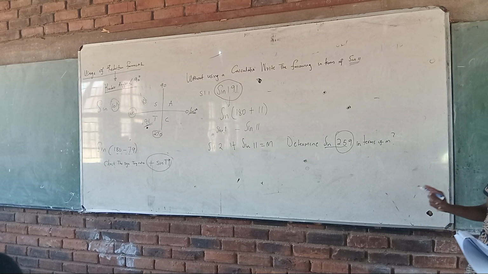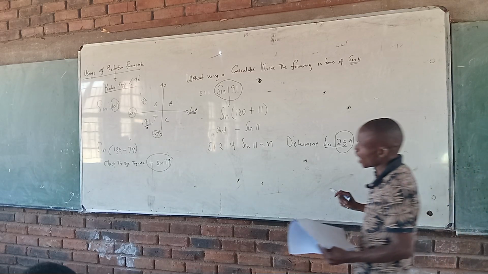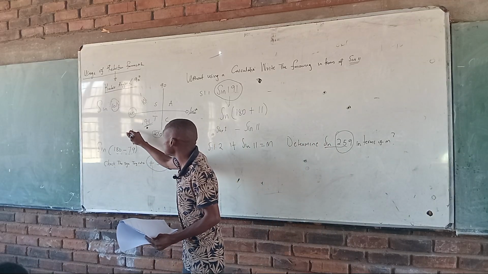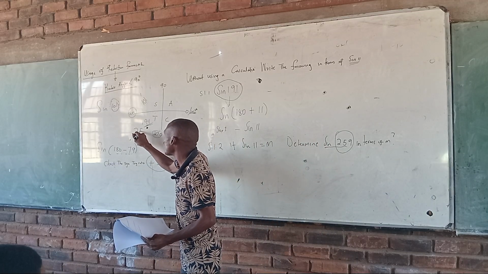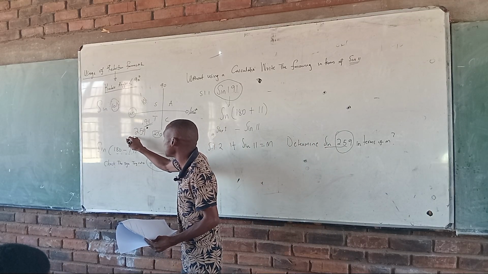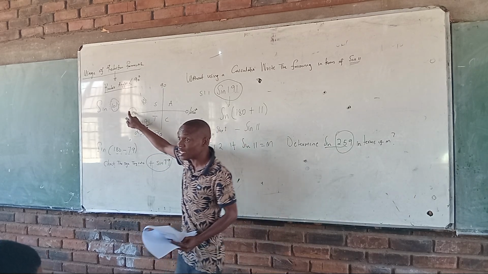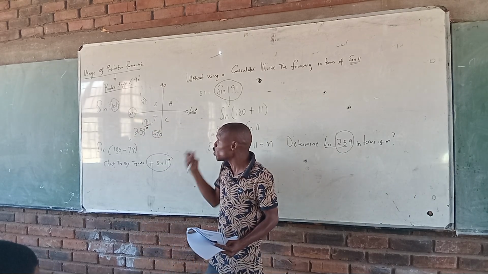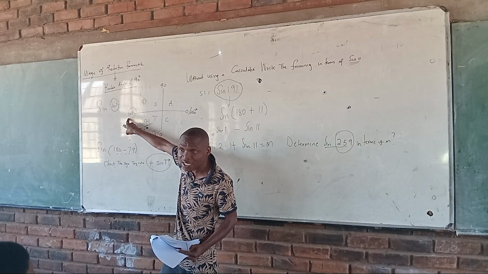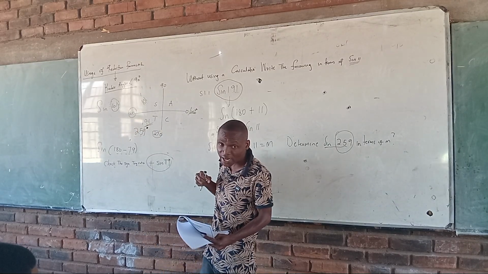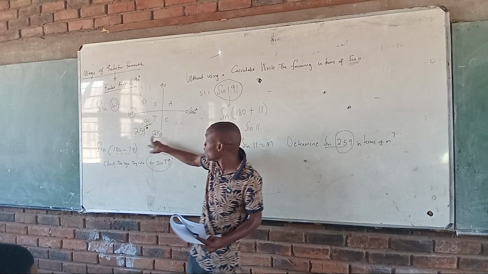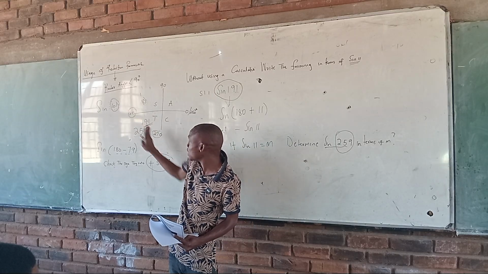It is in the third quadrant, between 180 and 270. Which means you have a right to use 180 and you also have a right to use 270.